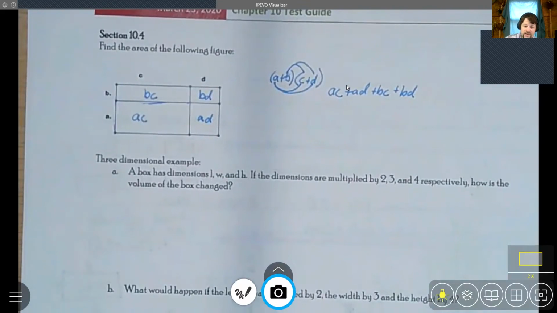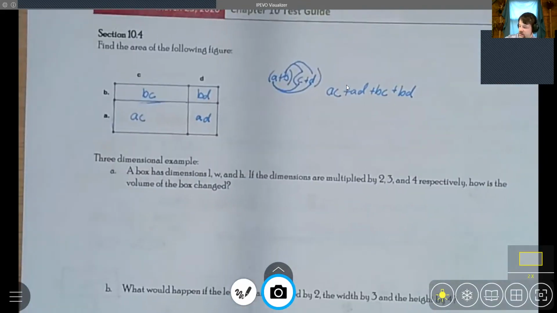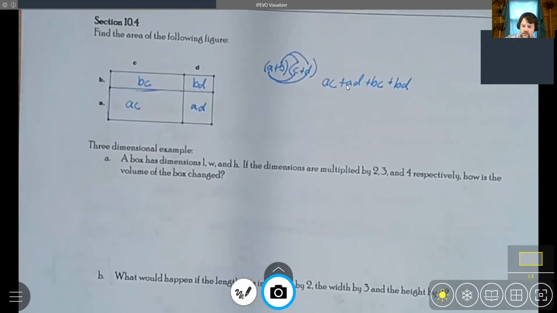What happens when we go into 3 dimensions? So a box has dimensions L, W, and H. If the dimensions are multiplied by 2, 3, and 4 respectively, how is the volume of the box changed?